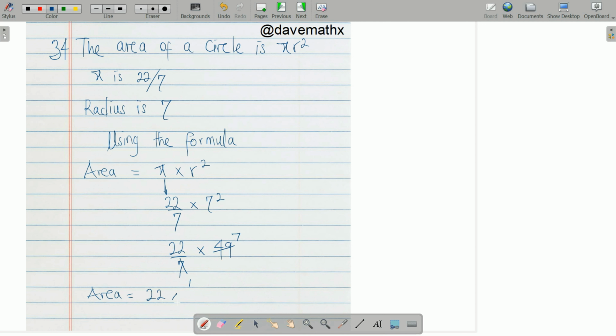Area becomes 22 times 7, which gives 154 centimeters square.